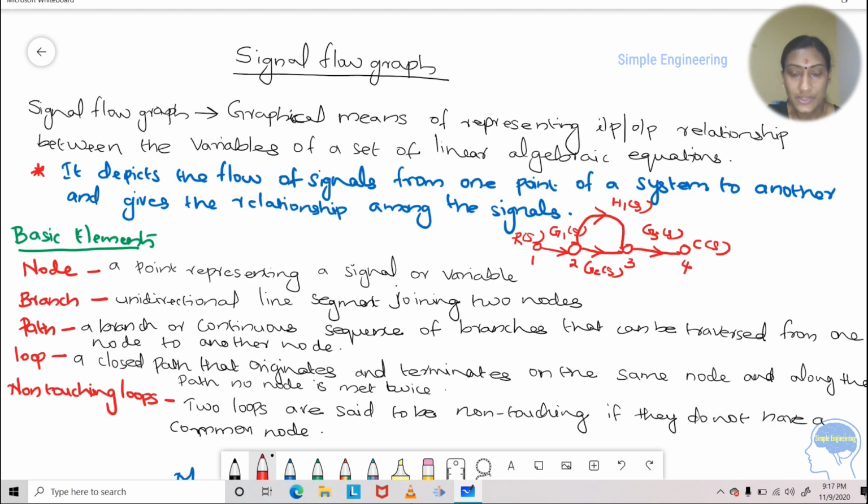It starts from the second node, travels through this path and ends at this node. So this can be a loop. That is a closed path that originates and terminates on the same node, and along the path no node is met twice. That is called a loop.